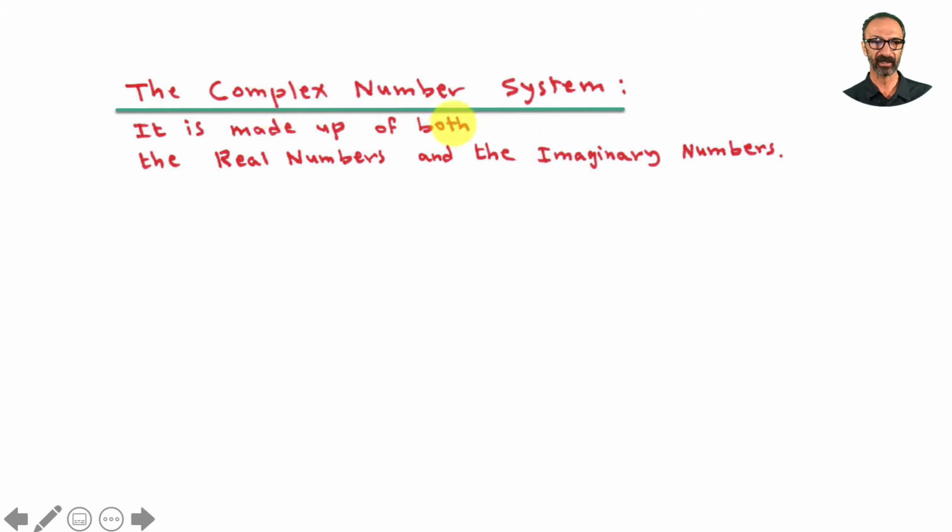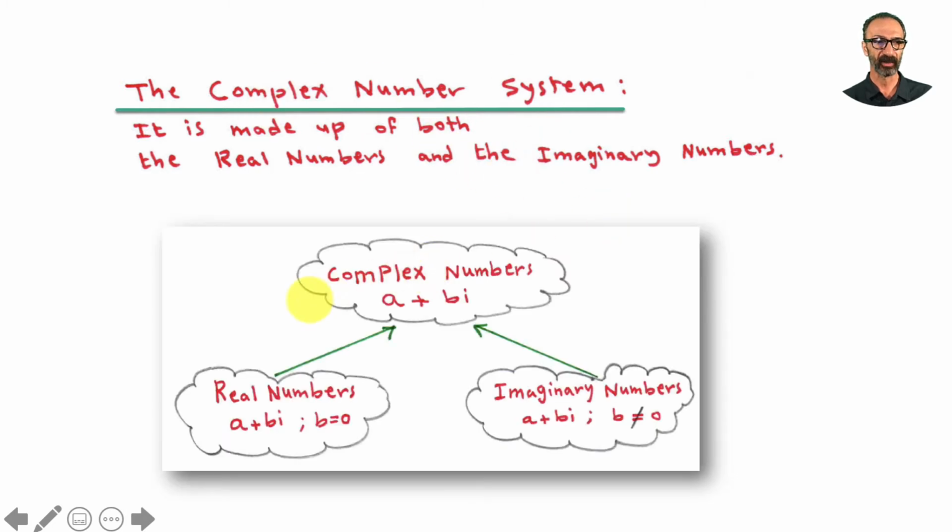Let me clear this as a graph. So in general, if you consider a plus bi, if this is gone, if it's cancelled, if b is 0, you only have a. That's real numbers: fractions, decimals, repeating decimals, non-repeating decimals, all kinds of real numbers.